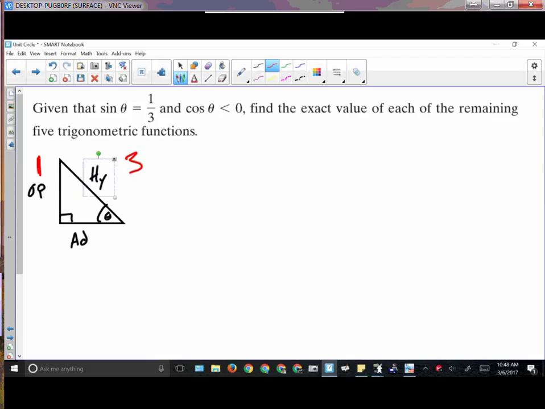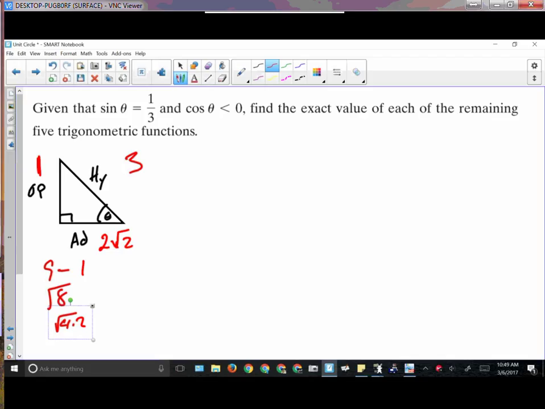What's got to be here for the side adjacent? Well, that would end up being 3 squared is 9, minus 1, which is 8, correct? Square root of 8, because we got to deal with the square root of that, is going to end up being 2 square root 2, correct? Because that's going to be 4 times 2. Take the square root of that, so we get 2 square root 2.